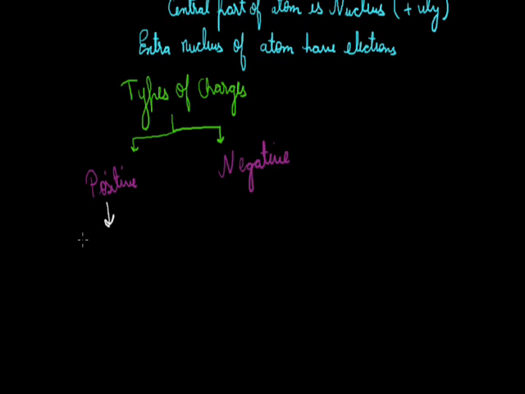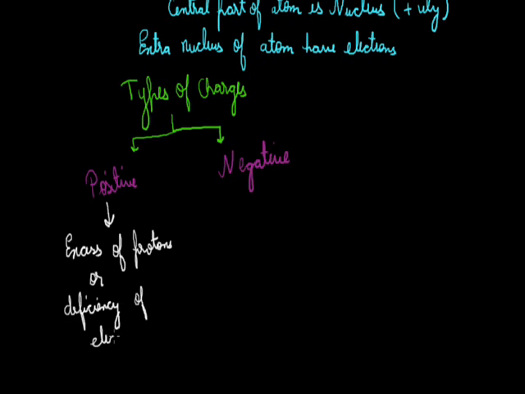So positive charge may be defined as excess of protons, or it may also be defined as deficiency of electrons, because both these conditions impart the positive charge on the material.